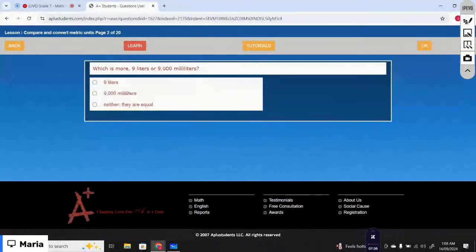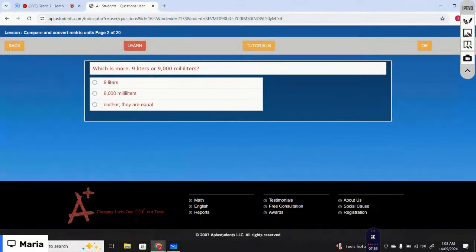Okay, the next one is, which is more, 9 liters or 9,000 milliliters? So 1 liter equals 1000 milliliters, right?